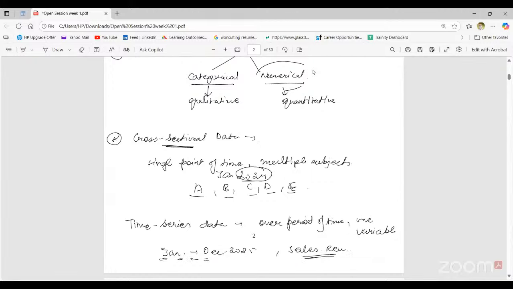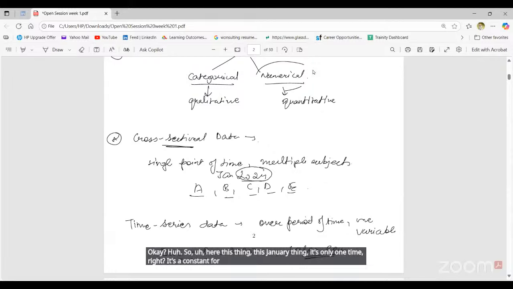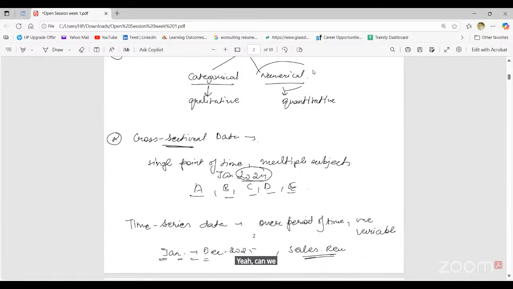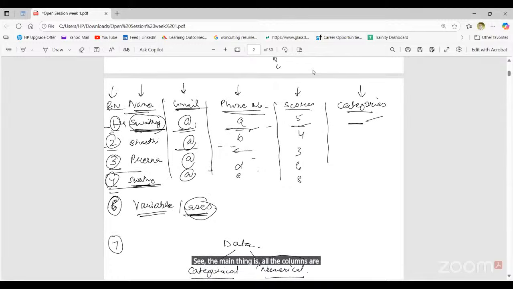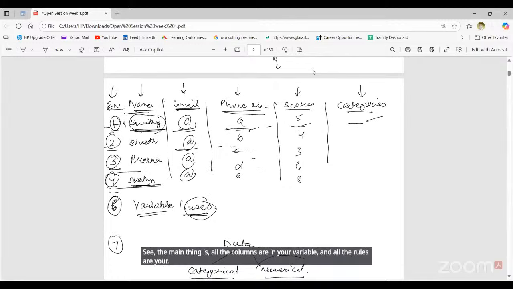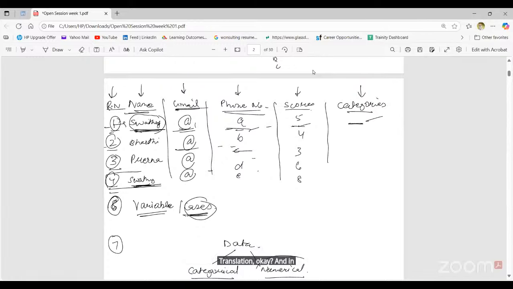So here this January thing is only one time, right? So it's a constant for every row. Can we consider it as a case? See, the main thing is all the columns are your variables and all the rows are your cases. In that row, the unique data is a case.